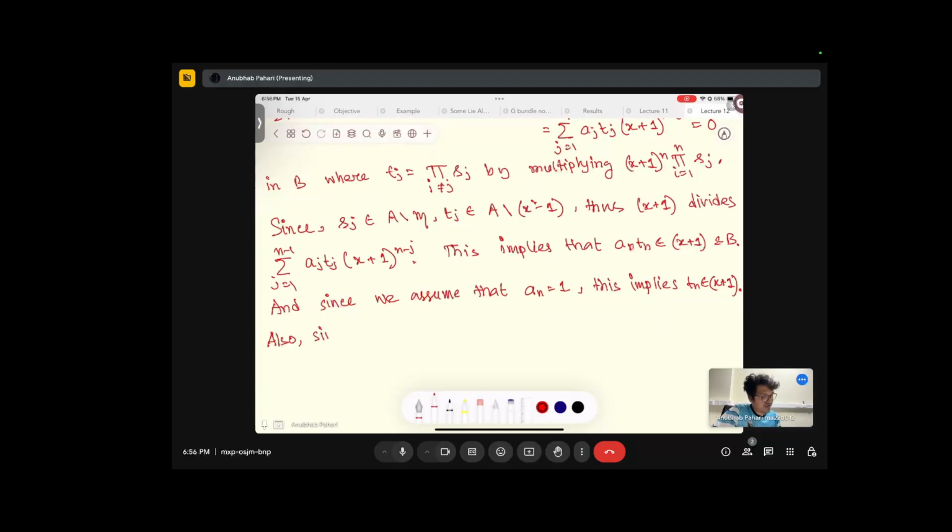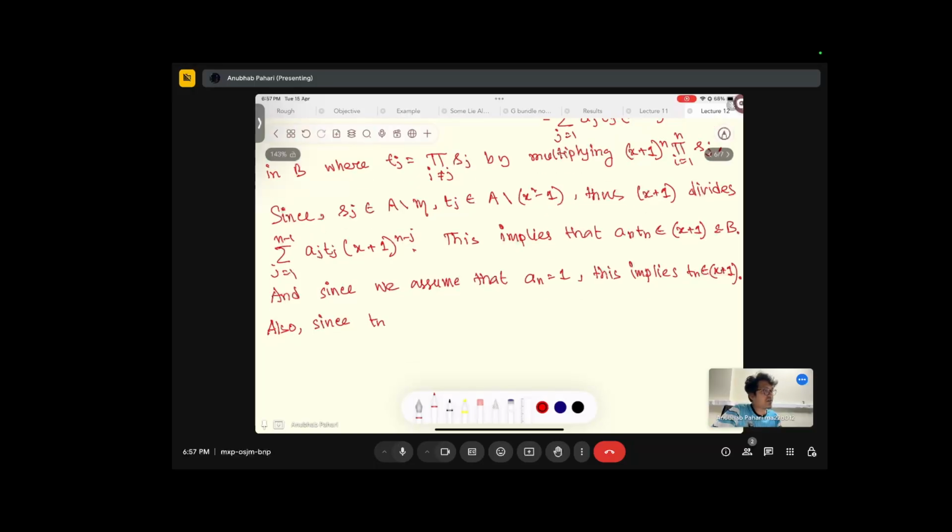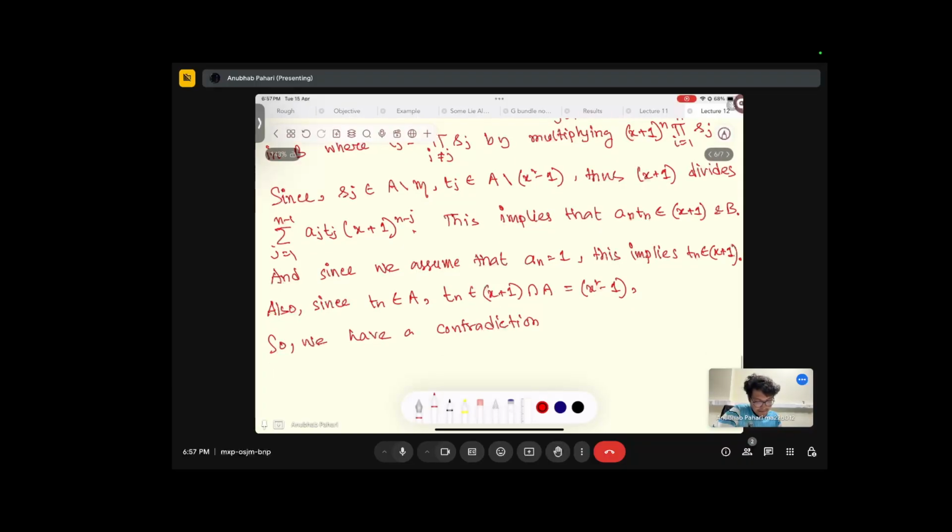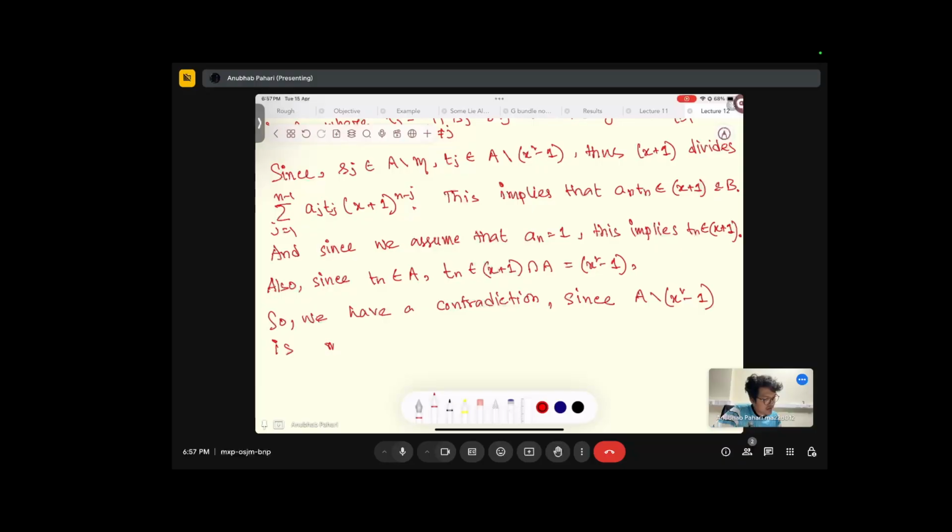Also, since Tn belongs to A and Tn belongs to x plus 1 intersection A, x squared minus 1, so we have a contradiction, since A minus x squared minus 1 is multiplicatively closed.